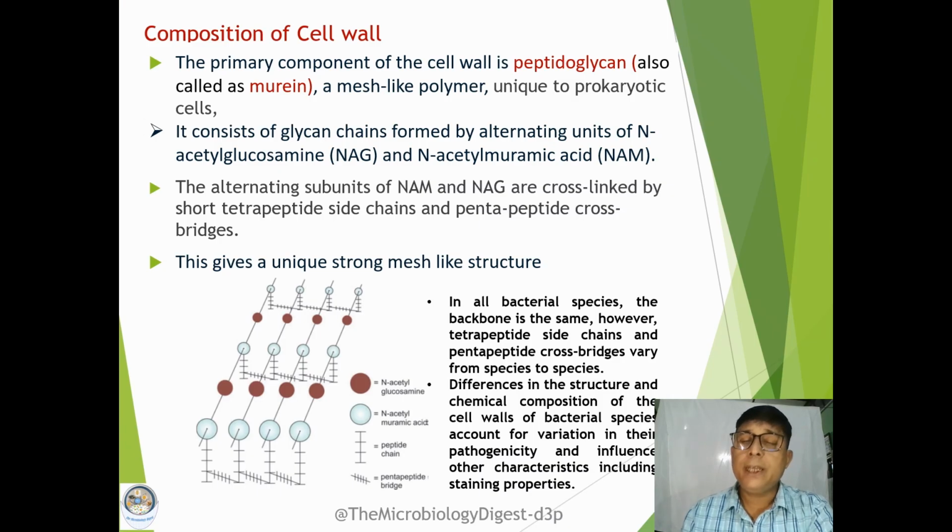Okay. In all bacterial species, the basic structure or backbone of the cell wall is the same, but there may be differences in the side chains as well as cross bridges. These differences in structure and chemical composition may lead to variation in pathogenicity in bacteria and other important characteristics of the bacteria.